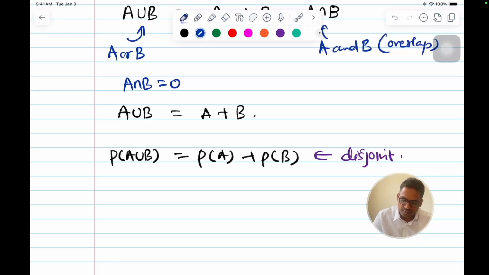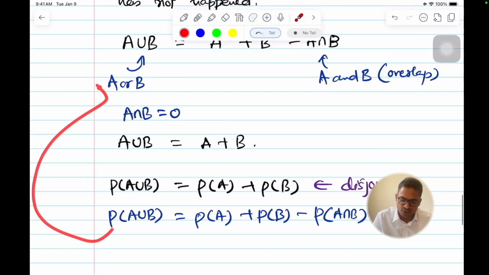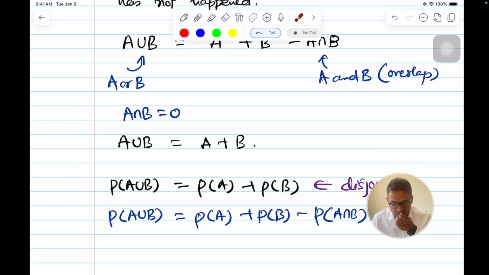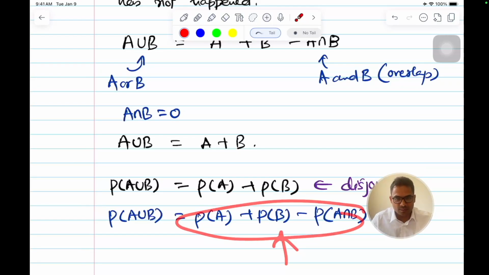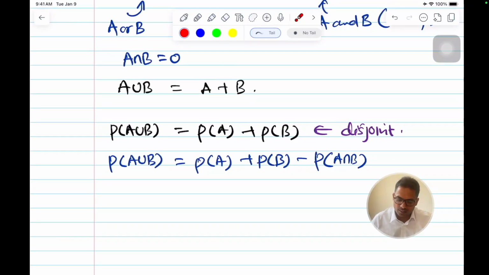And in general, the probability of A union B is equal to the probability of A plus the probability of B minus the probability of A intersection B. I have defined the terms for you: the probability of A or B happening and the probability of A and B happening. This is quite simple. You can find out why it is there. If not, then we can create a video for that too. Okay, so this is defined.